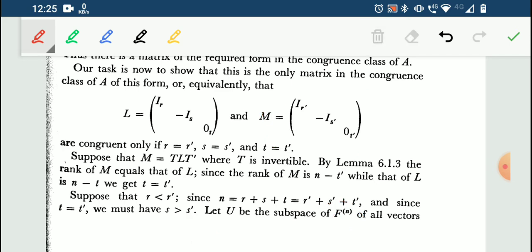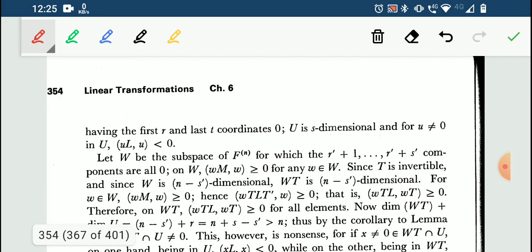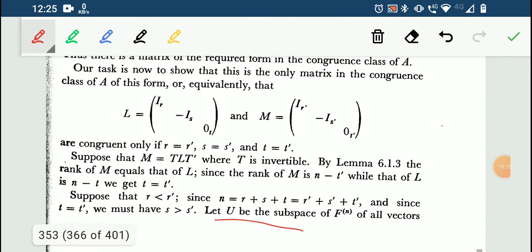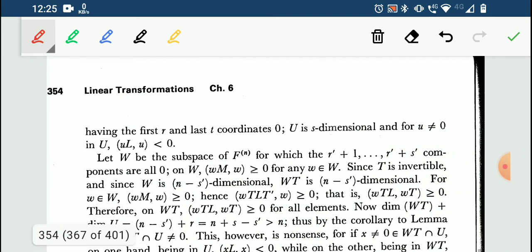So now let U be a subspace of Fn of all vectors having the first R and last T coordinates 0. So they have defined what U itself is. What is U? The vector in U looks like this, having the first R and last T coordinates 0.